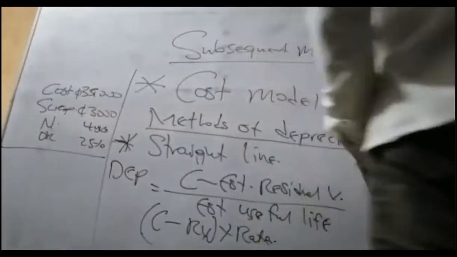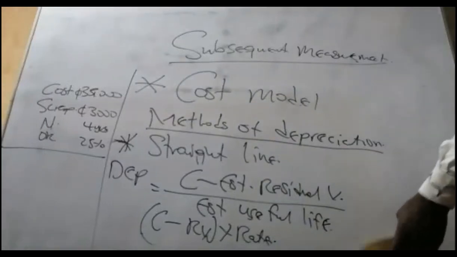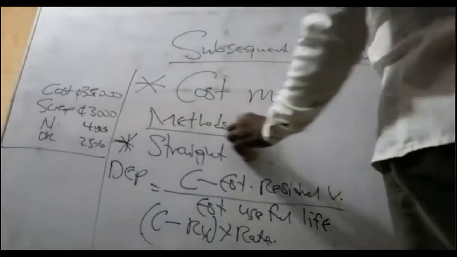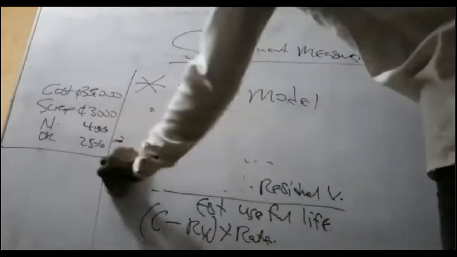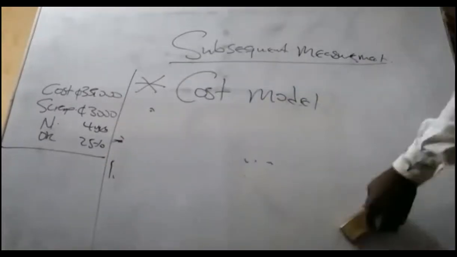The depreciation per year, we said, is the cost of the asset less any scrap value, divided by the useful life.